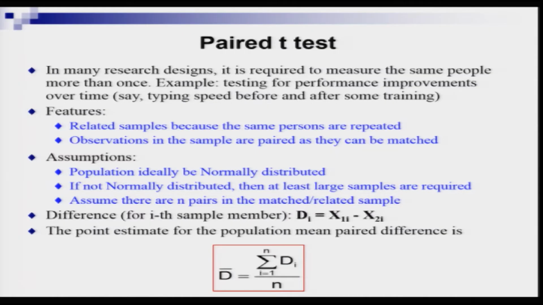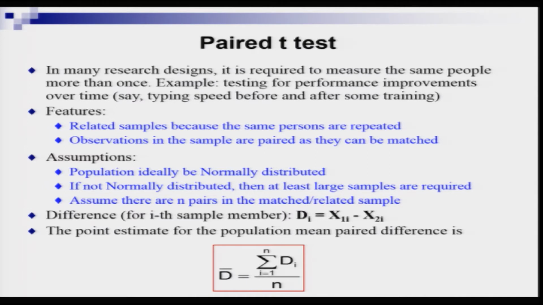Here, as each element in one sample is matched with an element in another sample, it is called the paired sample or matched sample, and we are now going to describe the t-test which could deal with this type of samples. In many research designs it is required to measure the same people more than once.